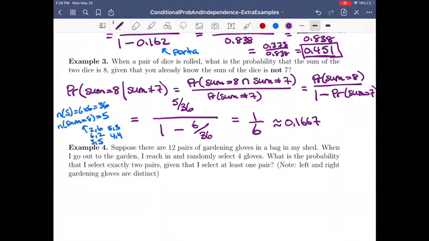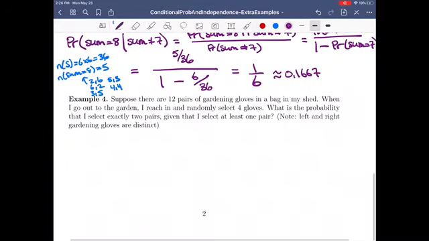Okay, one more. So, suppose I have 12 pairs of gardening gloves in a bag in my shed. When I go out to the garden, I reach in and I randomly select 4 gloves, 4 individual gloves. What is the probability that I select exactly 2 pairs, given that I know I'm going to get at least 1 pair?